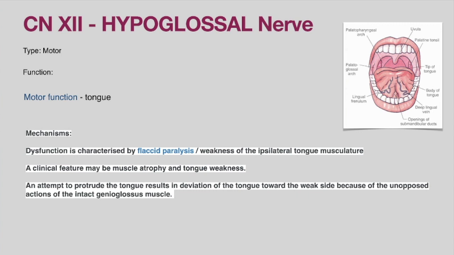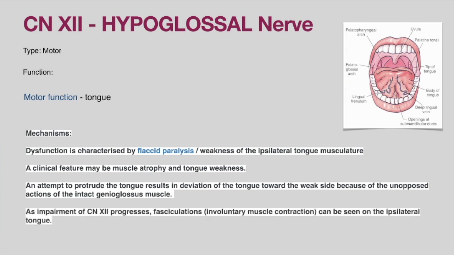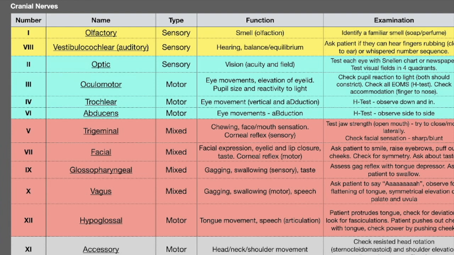What's interesting is that when the people with problems with this nerve attempt to protrude their tongue, it deviates towards the weak side because the strong muscles on the other side tend to push it across. Okay, so that's slightly different to maybe how you might interpret the eye weakness earlier on. Okay, and we can see fasciculations on the tongue too.